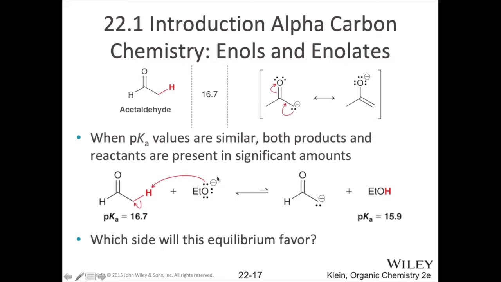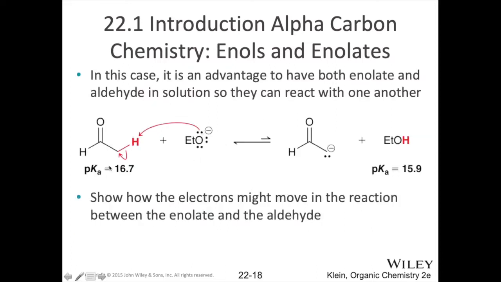However, if your goal is to have a little bit of both your protonated and deprotonated version, your aldehyde or ketone and your enolate, this actually works out pretty well. Notice that the pKa values for both our acetaldehyde and our ethanol are relatively close, so we do have an equilibrium here. This is not a reaction that goes to completion to the left.